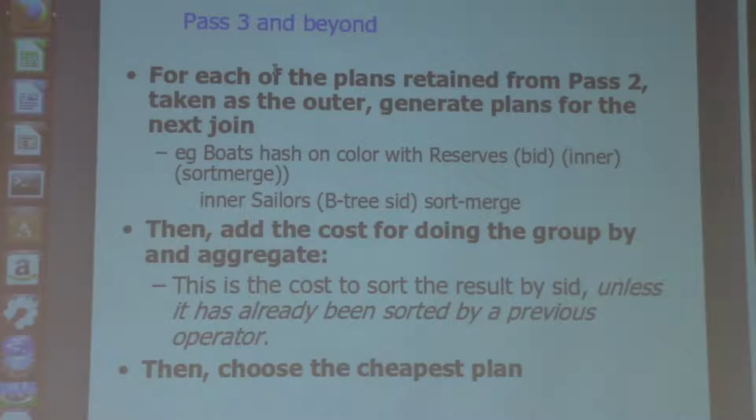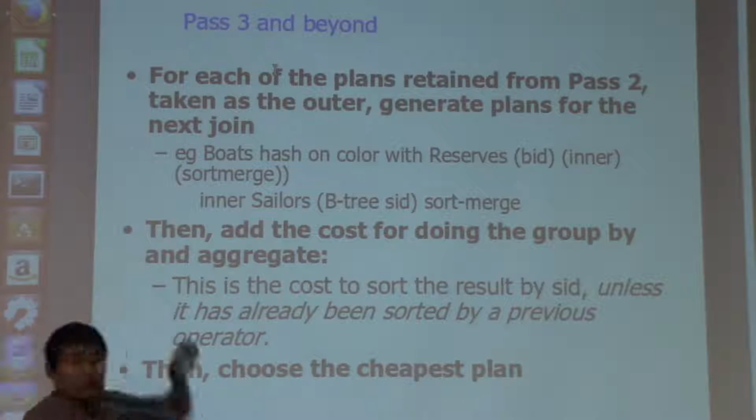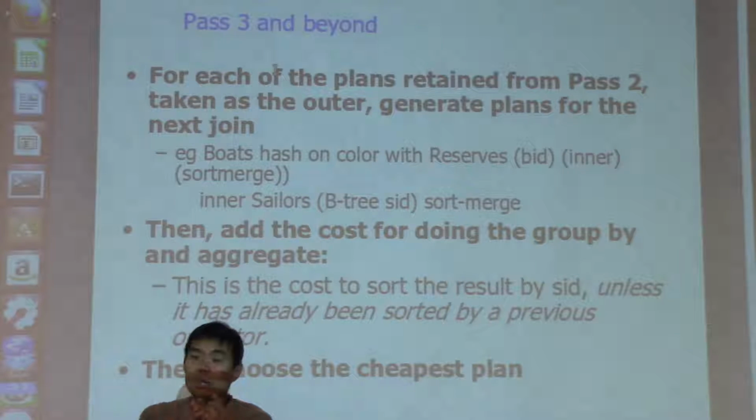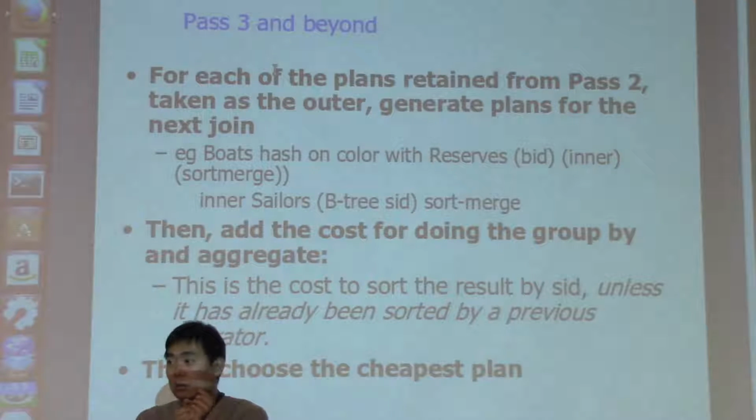You consider those plans from pass two as outer and add, this is important, only a base relation to the right-hand side, not those other plans from pass two as inner. Only the base relation as inner, because if you do that, you get this. Furthermore, when you take those plans from pass two and join with the base relation, only consider the ones that you actually join.